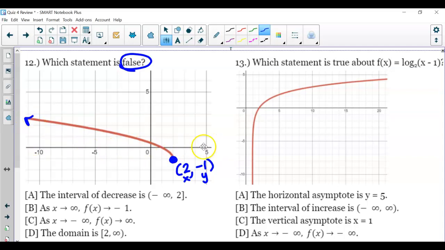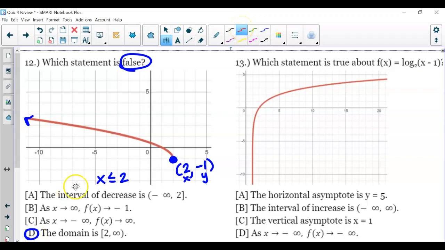So going left and right is your x-axis. So the x values are starting at 2 and going less than, because we're going to the left. So less than or equal to 2, needing -infinity, but this shows positive, so D is, oh, that means D is false. So there you go. So let's just check and make sure everything else is true.